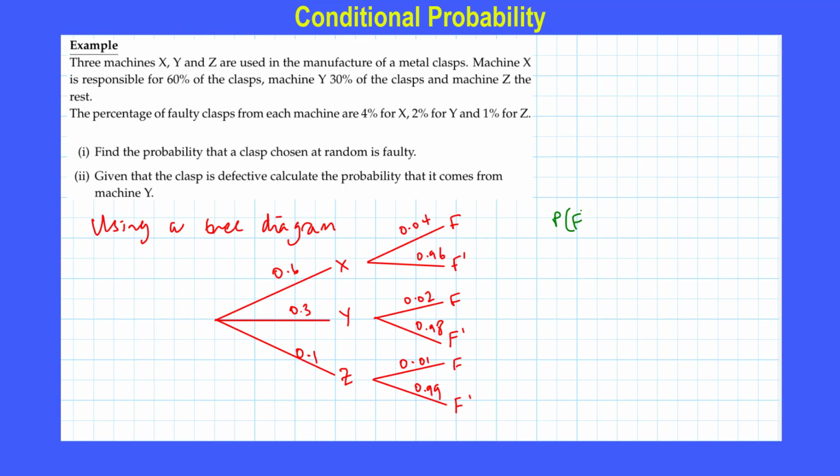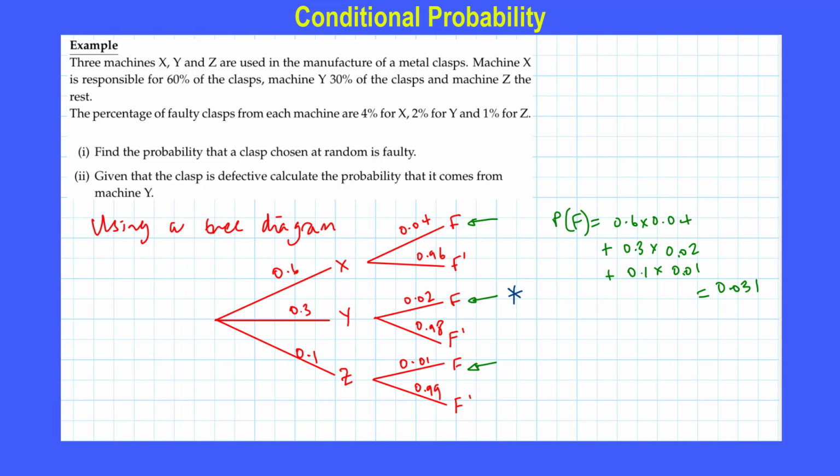Now the probability it's faulty. Okay, well if it's faulty, it's either gone that way, or that way. So using the rules of tree diagrams, multiplying along the branches and adding them all together. And we get our answer of 0.031.